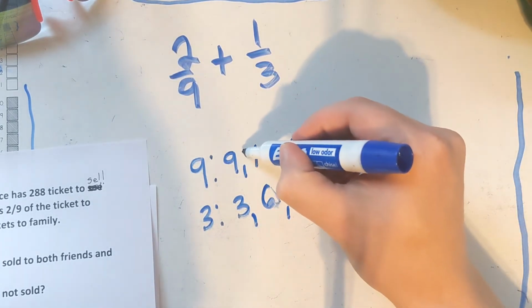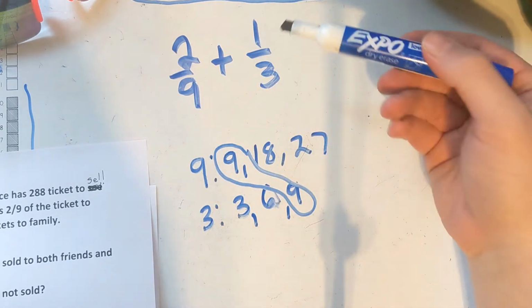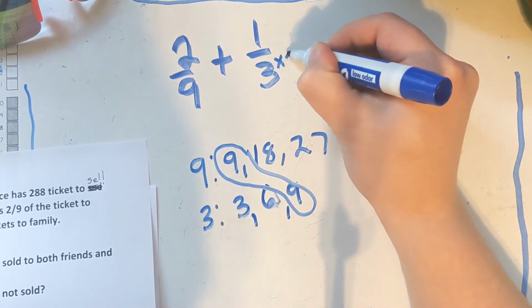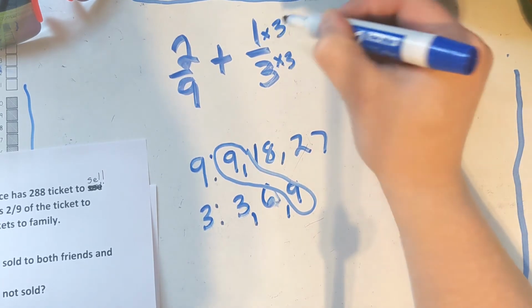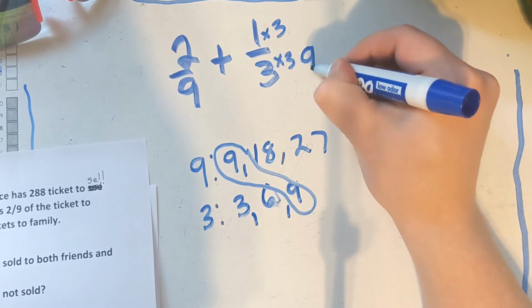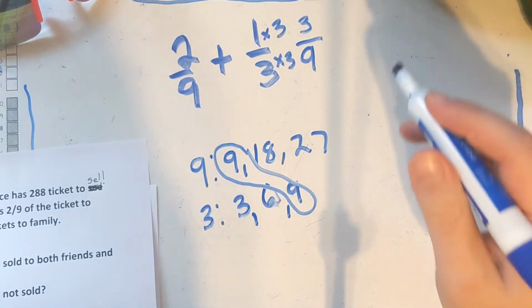And I can see my least common multiple is 9. So I need to change my 1/3 into a denominator of 9. I do that by multiplying times 3. Now whatever I do to the bottom, I also do to the top, times 3. So 3 times 3 is 9. 3 times 1 is 3. So I need to change 1/3 into 3/9, okay?